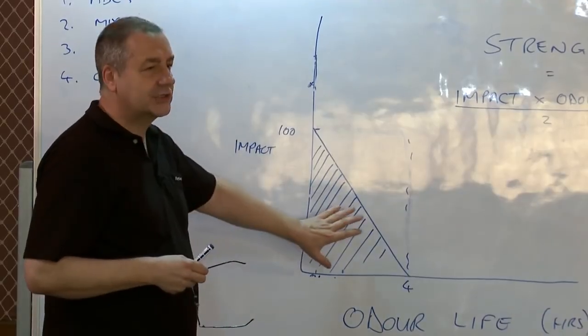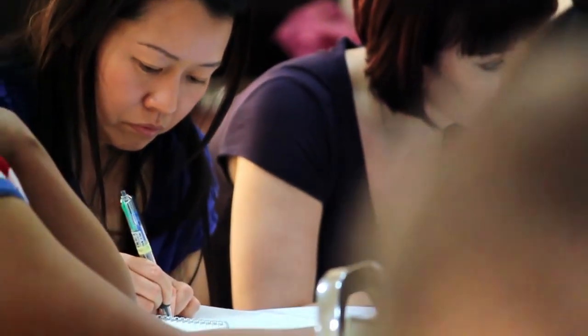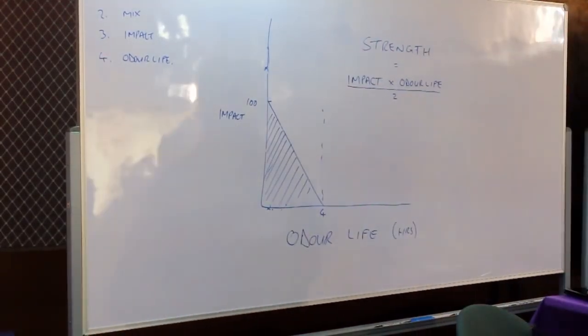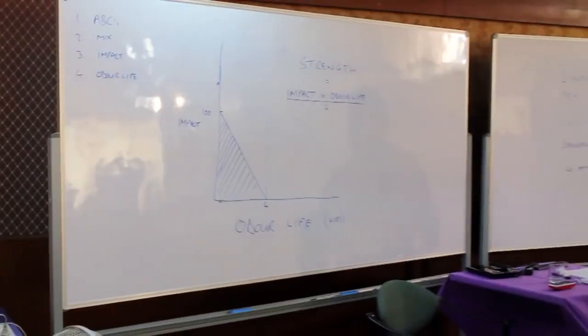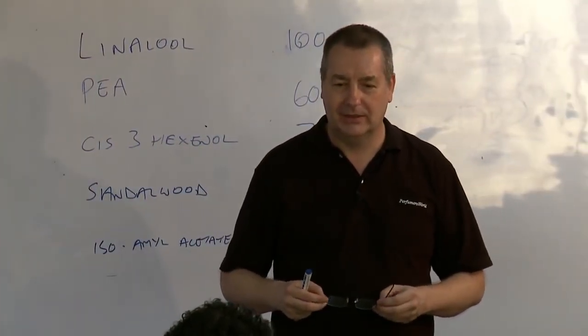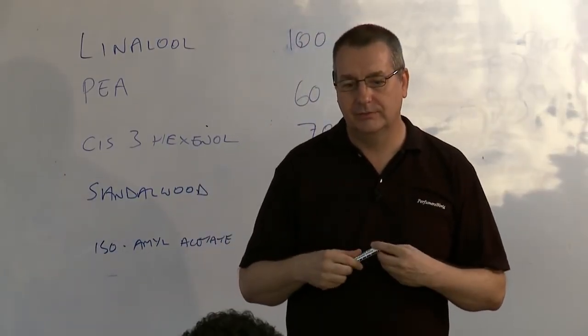They call this the integral of the graph, of the slope. You don't have to remember that. So strength is more to do with odor units, and you'd say therefore linalool has a strength of 200 odor units.